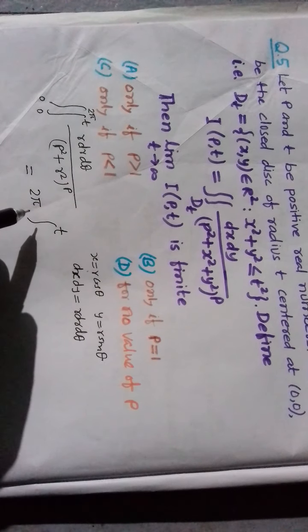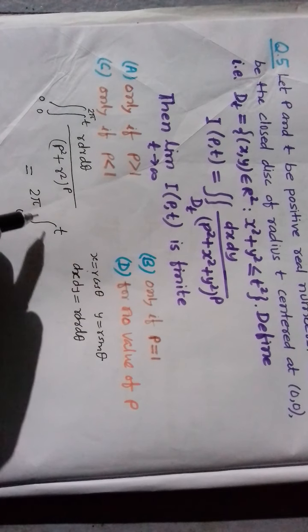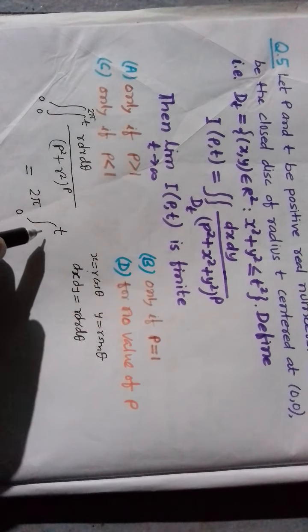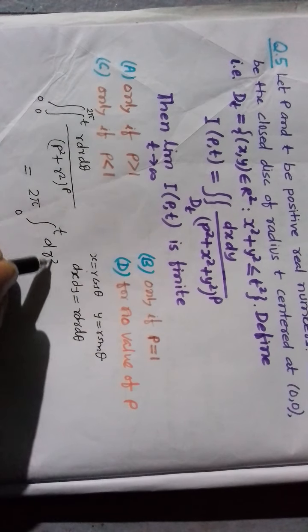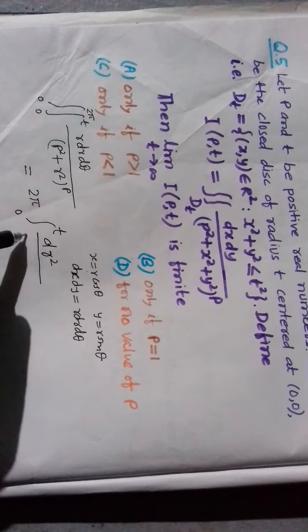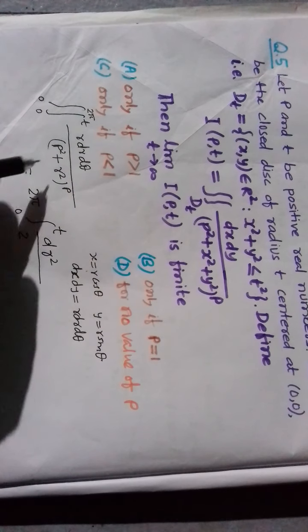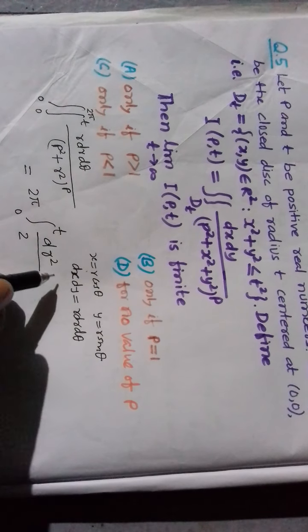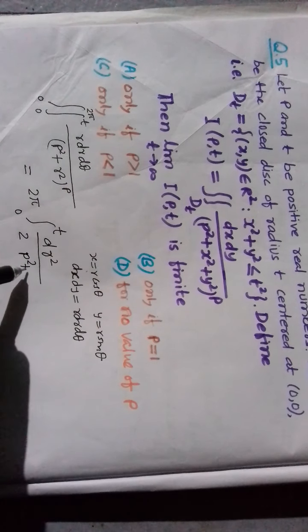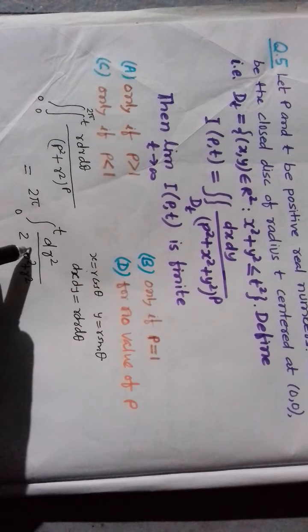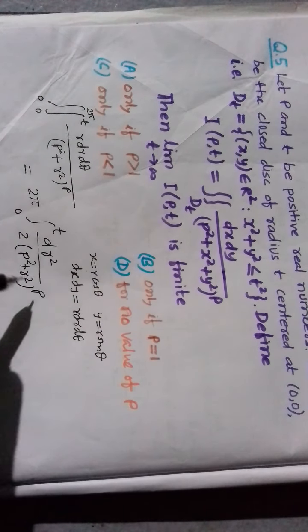Here r dr can be written as d(r square) by 2, and this will go up. I am writing here (p square plus r square) to the power p.